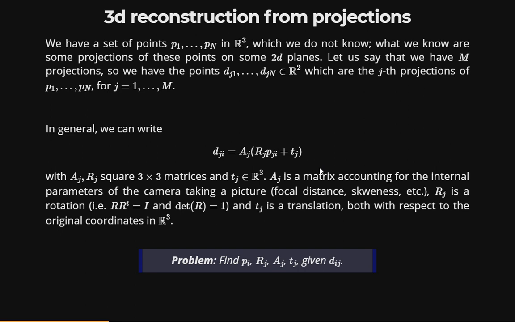The problem now is that the equation has what you could call gauge invariance. So, well, think about that. If you move everything, or if you rotate everything, the projections will be the same. If you rotate the points, the planes, and the centers, the projections will be the same.